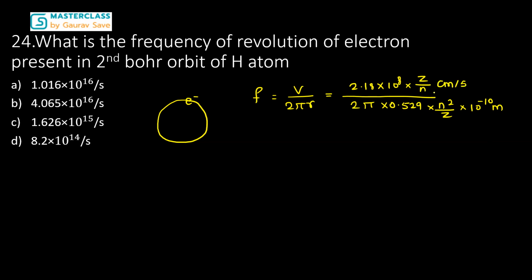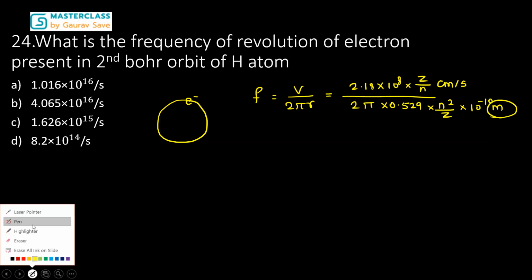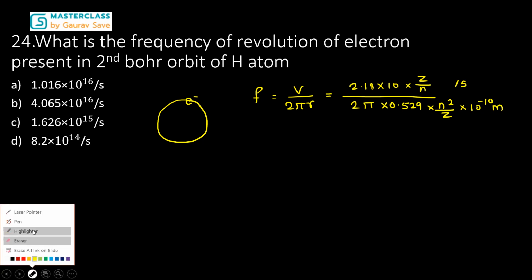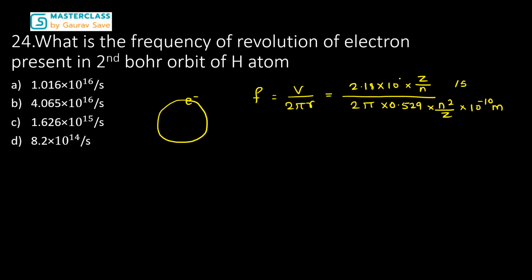Above formula is in centimeter per second, but below we are taking meter. So either you have to convert meter to centimeter, or else you have to convert centimeter to meter. So let's convert centimeter to meter. Okay. So over here we'll write down 6. So we'll get in meter per second.